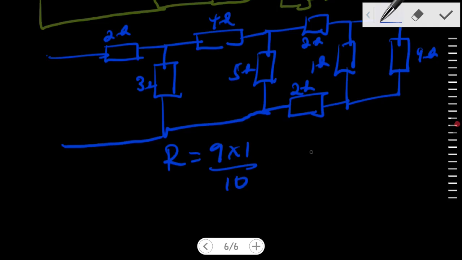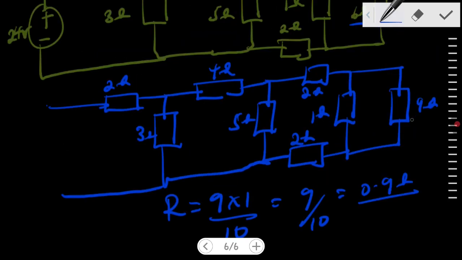Because this would be 10, so giving us 9 all over 10, right? So this one is like having 0.9 ohms.